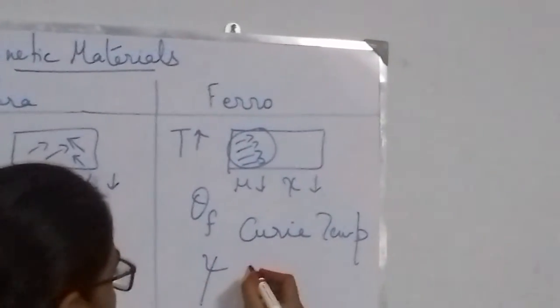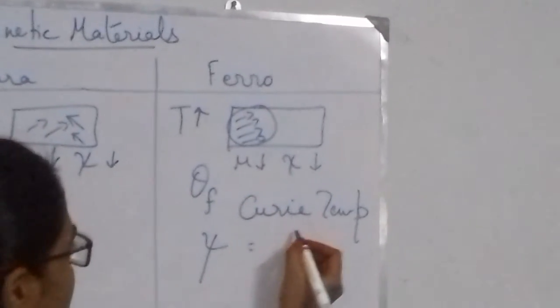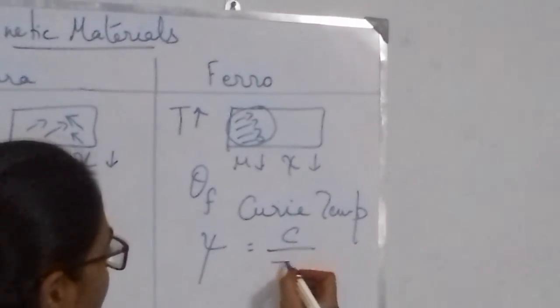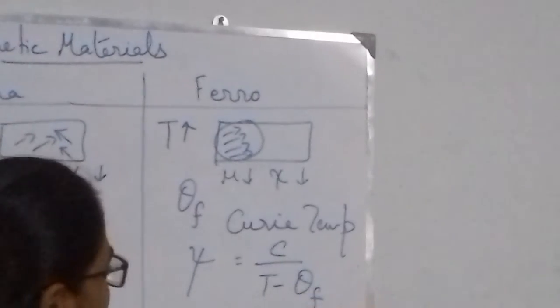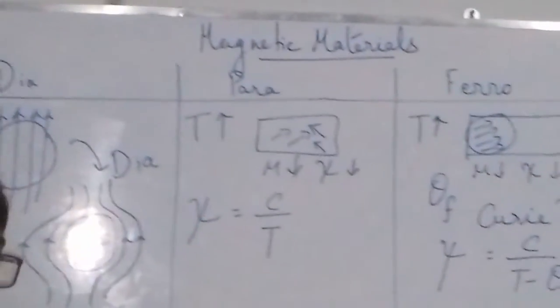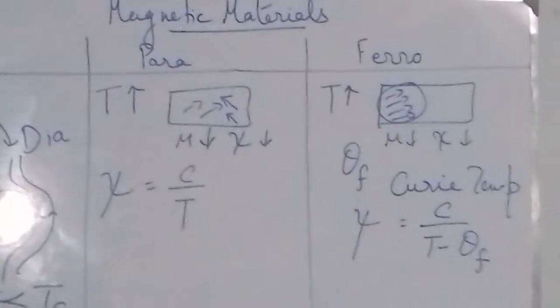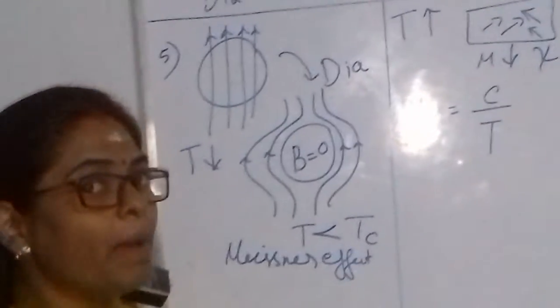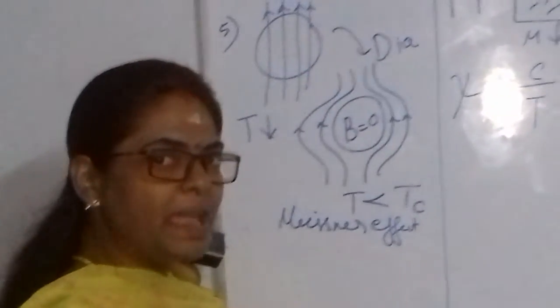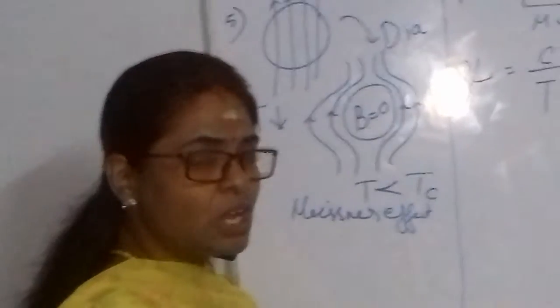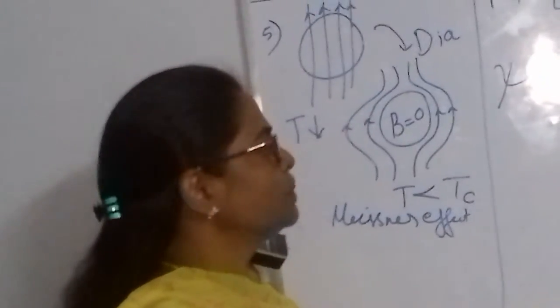And chi for ferromagnetic material is C by T minus theta F, where theta F is the temperature where the ferromagnetic material changes to a paramagnetic material. So we have to maintain the ferromagnetic material's temperature below the Curie temperature.